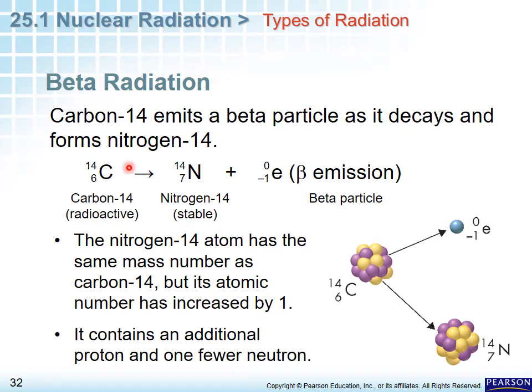You can see both are the same, but its atomic number is increased by 1. It contains one additional proton and one fewer neutron. You can see here, it becomes 7 and one electron is released.